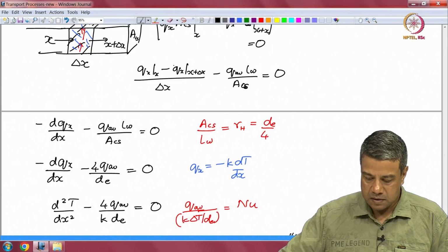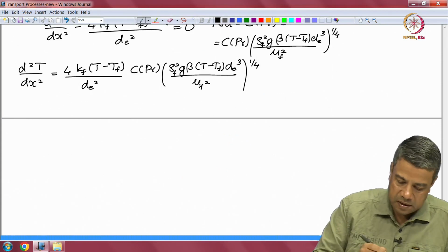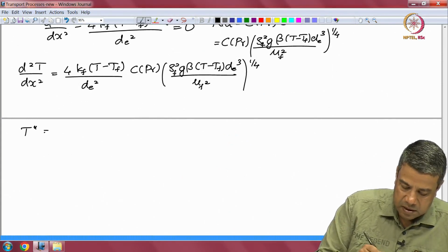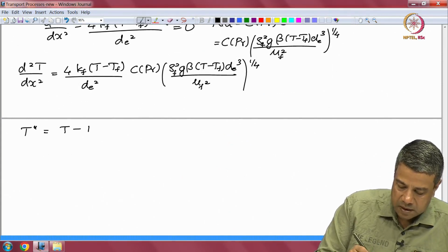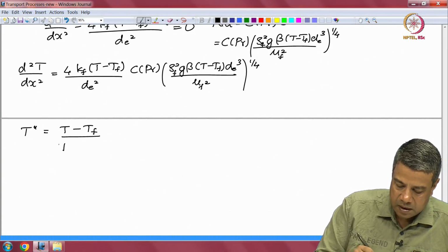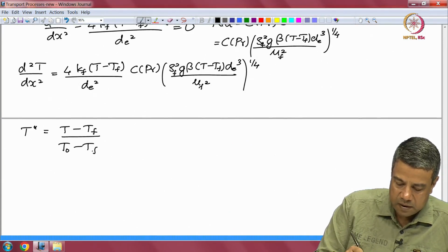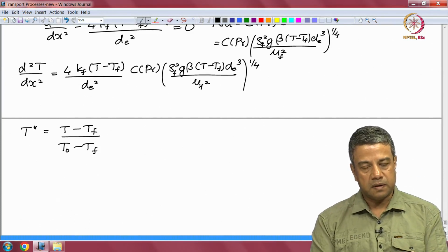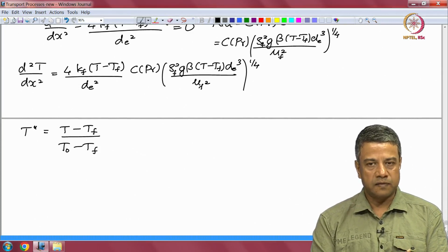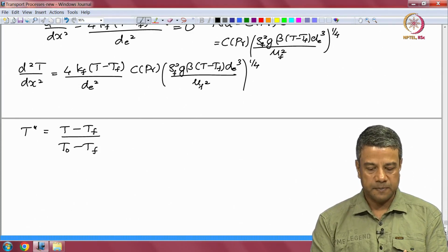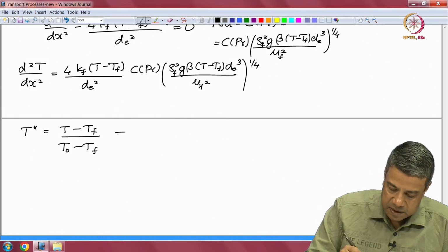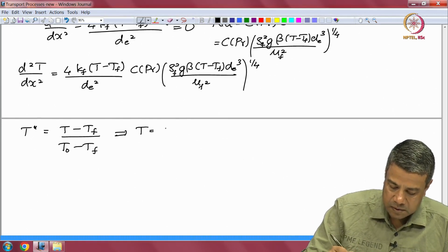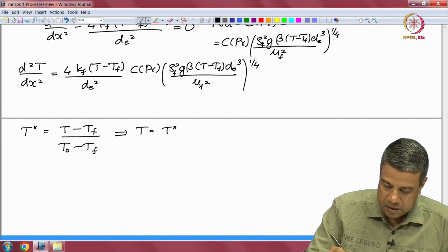So I can define the scale temperature as T star is equal to T minus Tf divided by T naught minus Tf, where T naught is the temperature at the wall of the pipe if this is a fin. This implies that T is equal to T star times T naught minus Tf plus Tf.